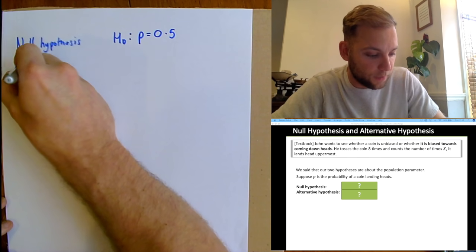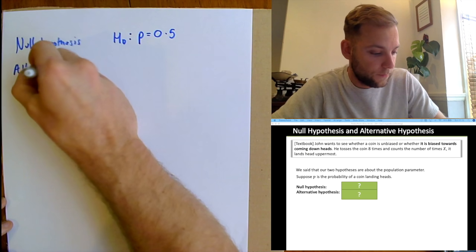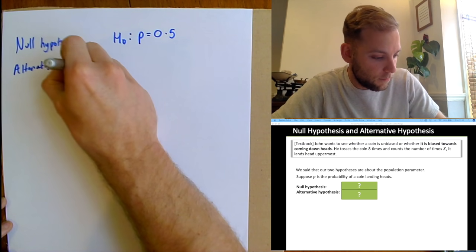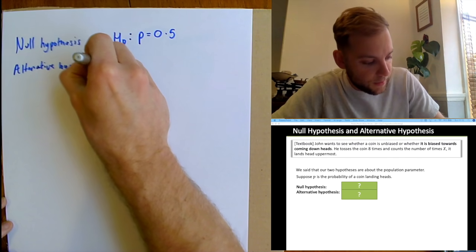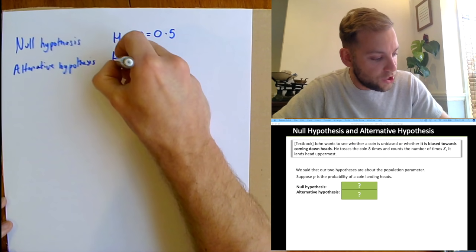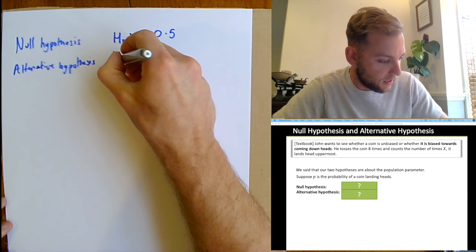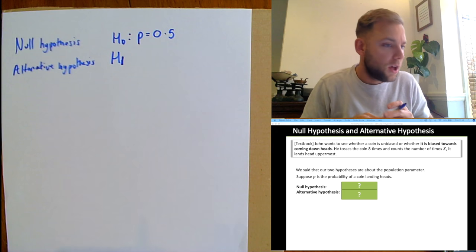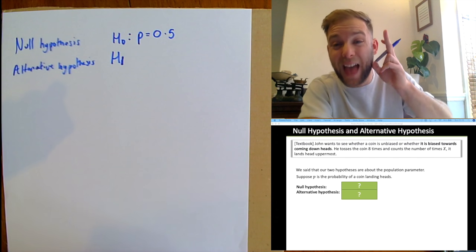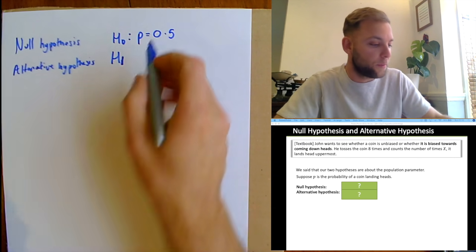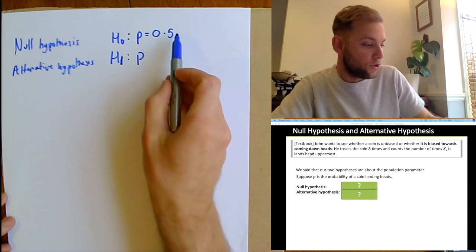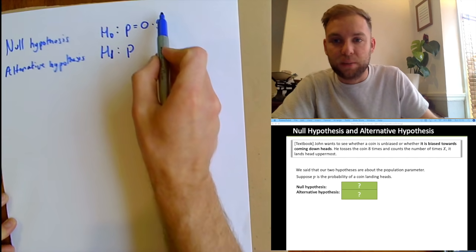And in this case, it's going to be H1. With H1, we're saying it's biased towards heads in this case. So actually, we're saying that the probability is biased towards heads, which means that it isn't 0.5 anymore.